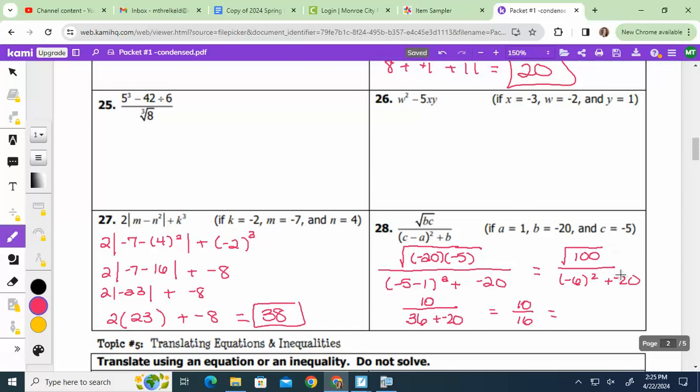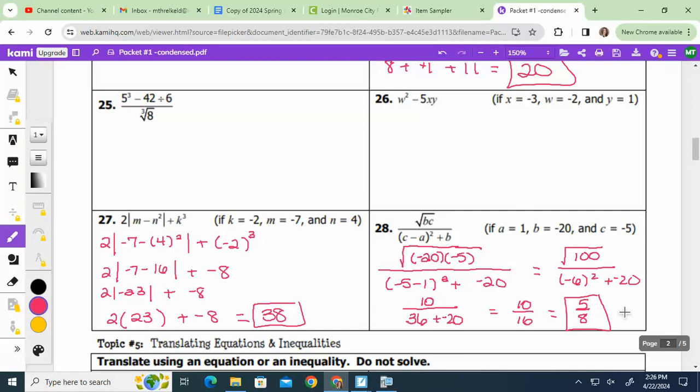What would that be in lowest terms? And if you're not sure, how do you get it? If you don't just look at this and know 10 over 16 is 5 over 8, yeah, you can use your calculator. Use your resources.